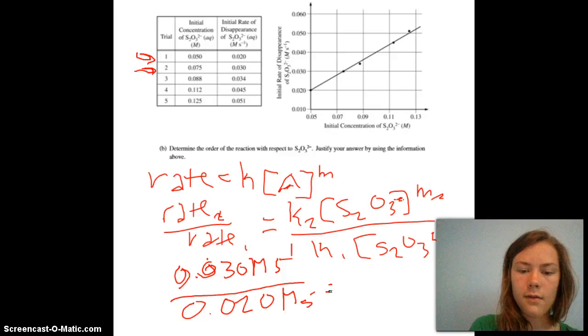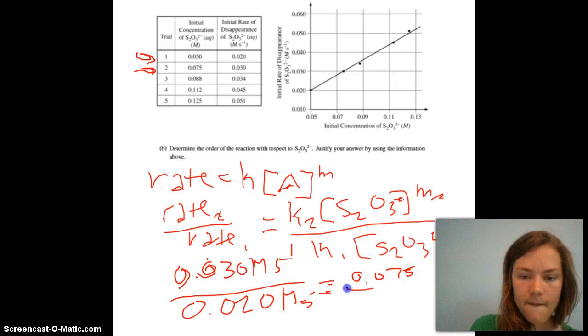So equals, all over 0.050. Okay, and these are both raised to the m power.